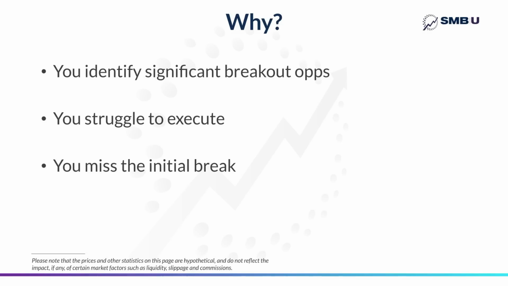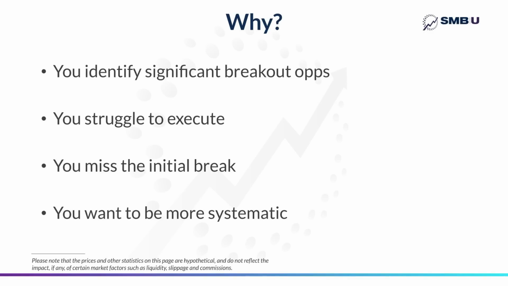Maybe you just missed the initial break, and now you're watching the stock thinking this is an awesome opportunity, but now I don't know where to enter. There's a secondary opportunity in a lot of these types of trades. Or maybe you just want a more systematic approach to how you're entering the trades, or you're even looking to automate something. And so in these cases, we can use the MACD to our advantage.